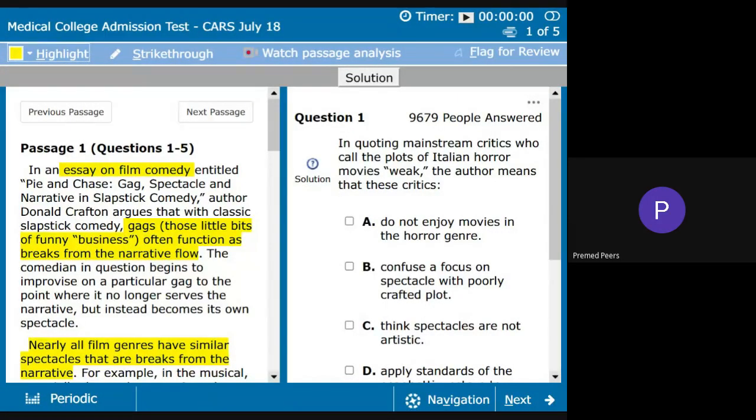All right, is everybody good? All right, we're gonna start off with the first question.